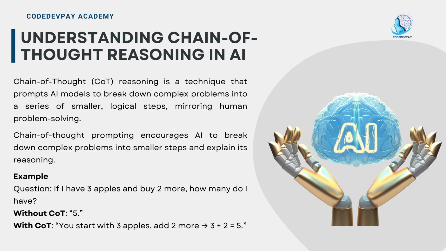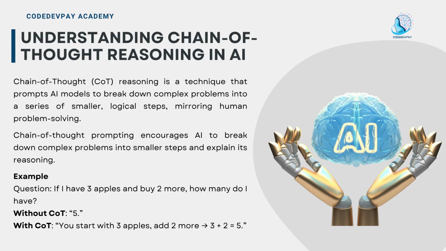So, you can say it's a process whereby an AI model generates step by step reasoning before giving a final answer. And chain of thought prompting encourages the AI model to break down complex problems into smaller steps and explain its reasoning.